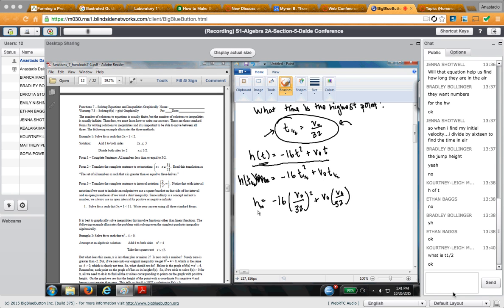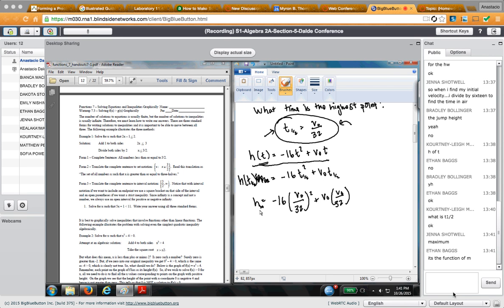And why do you think I put an h with a small little baby m on the bottom of it? It's the maximum, exactly. It's reminding me that this height that I'm looking at is max. No, it's not a function of m.